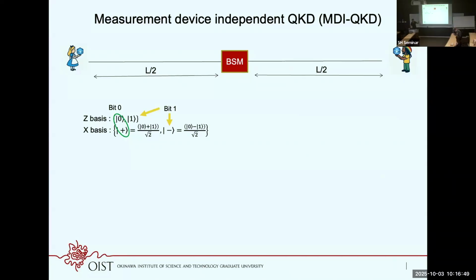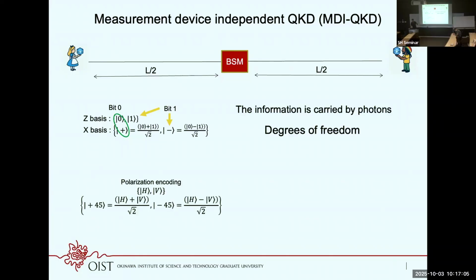And then, as I showed you before, Alice and Bob use photons to encode this bit. That's the carrier of the information. And of course, the photons might have, as you already know, different degrees of freedom.